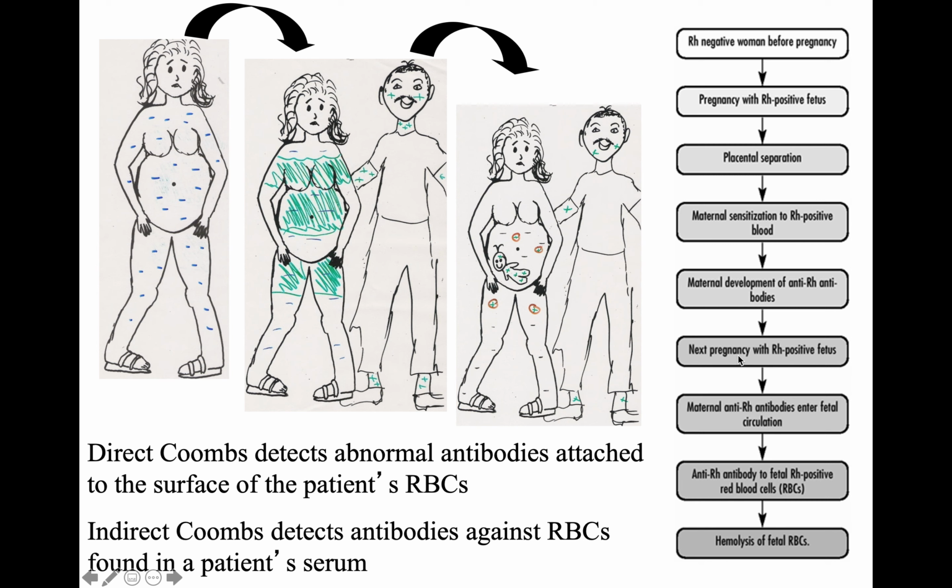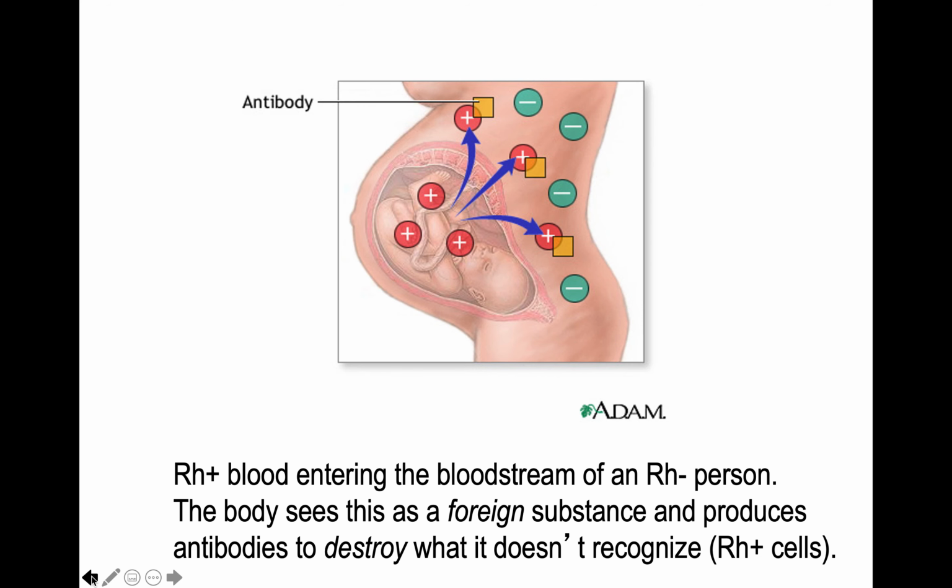The next pregnancy, the Rh positive fetus, maternal anti-Rh antibodies enter into the fetal circulation, and they bind to fetal Rh positive red blood cells, the anti-Rh antibody of mom to fetal Rh positive red blood cells, and we have hemolysis of the fetal red blood cells. So I just said this a different way than I did over here and here. It's just looking at it a different way.